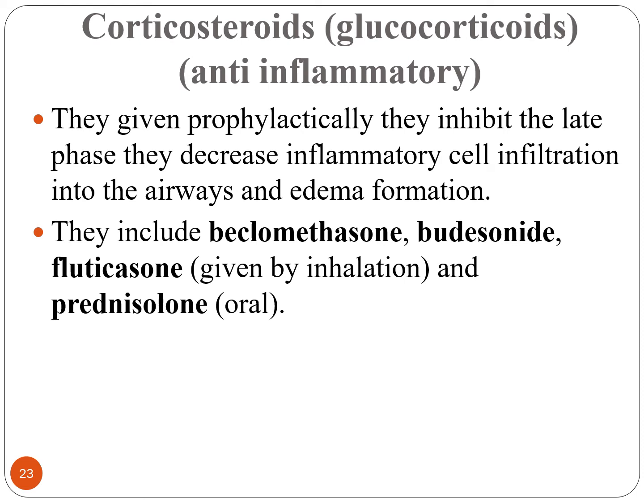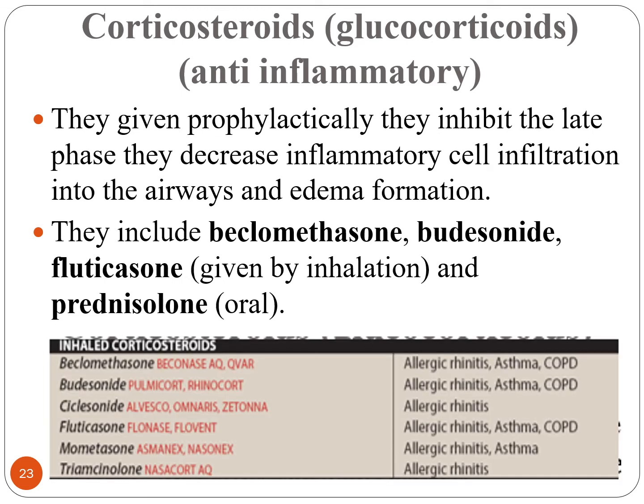All of these three drugs can be given by inhalation. Also, we have prednisolone, which can be given orally for treatment of asthma. Examples of inhaled glucocorticoids are beclomethasone, budesonide, fluticasone, and triamcinolone. These can be used as anti-inflammatory agents for asthma, chronic obstructive pulmonary disease, or allergic rhinitis.